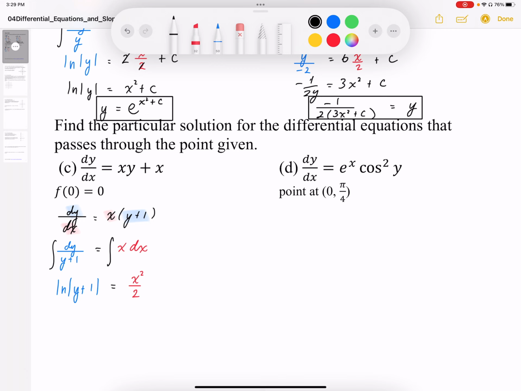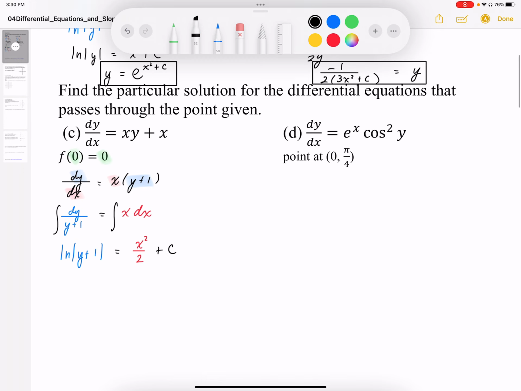And there is this plus c, but because we have this initial condition of x is 0, y is 0, we can substitute x is 0, y is 0 into this expression now, and we can actually solve for the plus c.